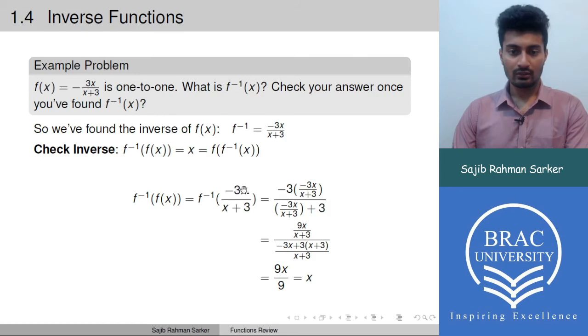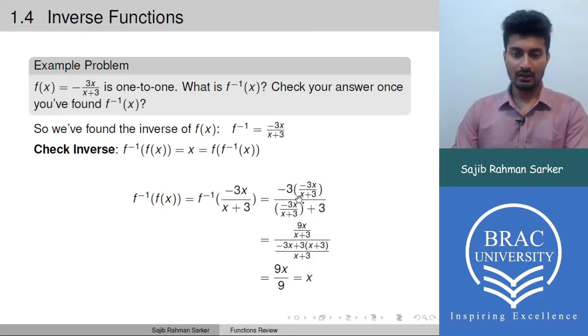Now we have this whole thing as a big box, and we're going to put this box inside this function, in place of x. So we have minus 3, and this whole box comes over here. Similarly, we have x, the whole box comes over here, then plus 3.